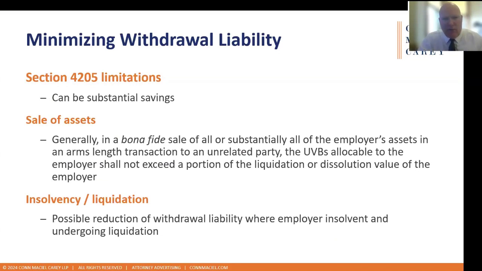I discussed this a little bit more here on this slide, but it can be substantial savings. And even if you end up with an entity that doesn't have any money left at the end of the day, it might be very important to limit the withdrawal liability if you're in a control group situation and the fund may be seeking money from other sources, other entities.